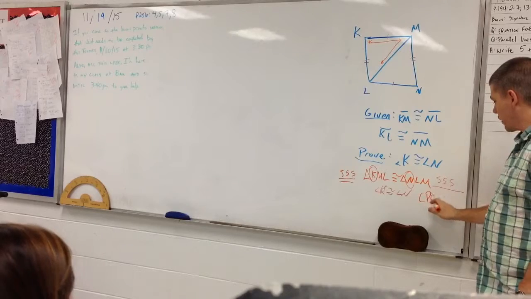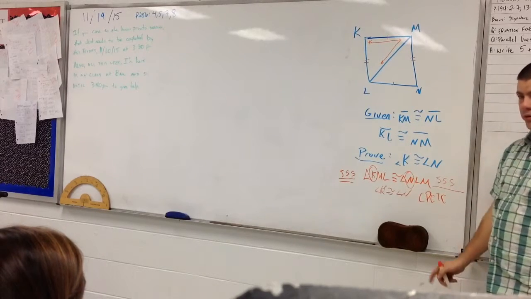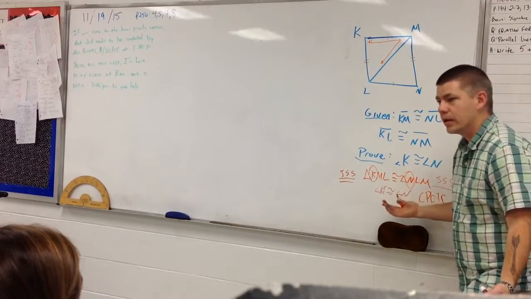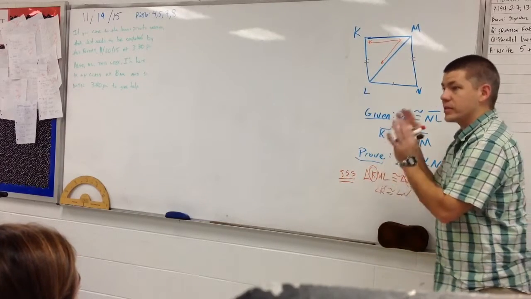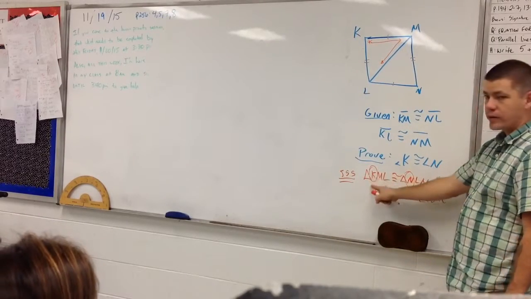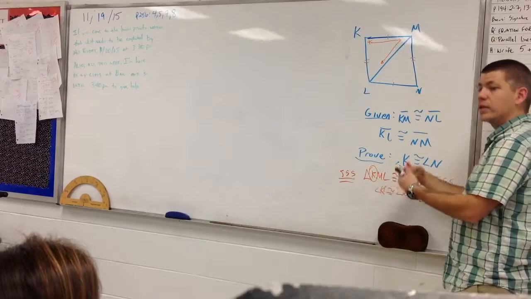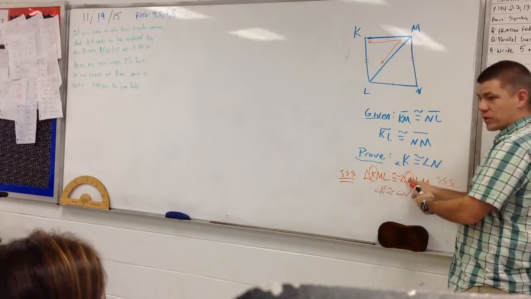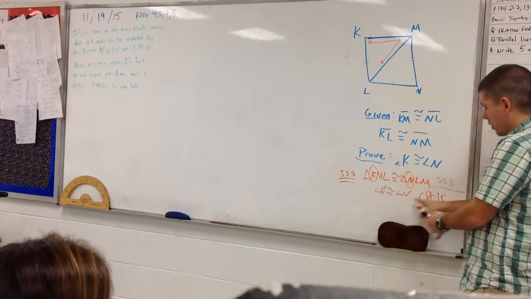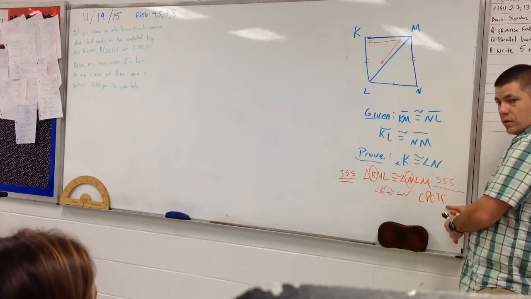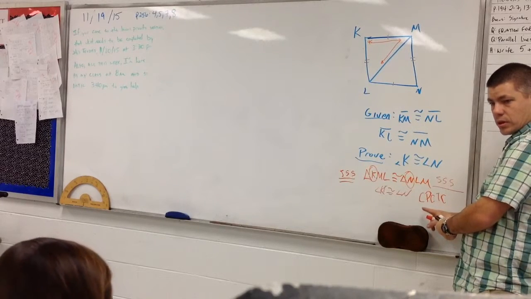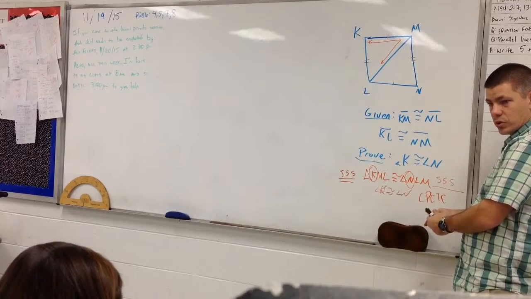Corresponding parts of congruent triangles are congruent. What does corresponding mean? They're in the same slot, same space, same position. Since the triangles are congruent and the parts are in the same slot, the parts are congruent because of CPCTC: corresponding parts of congruent triangles are congruent.